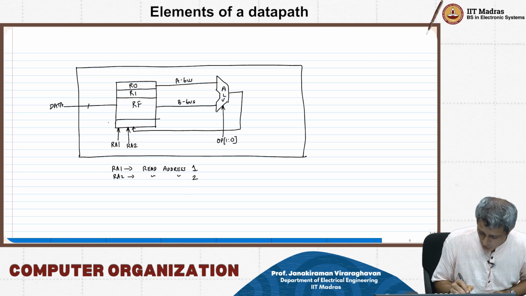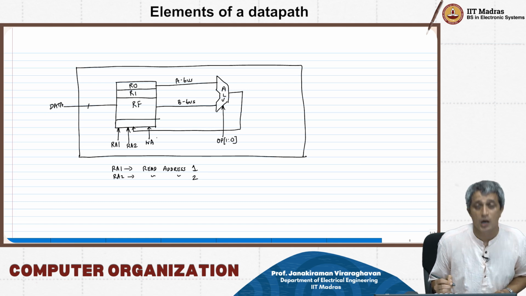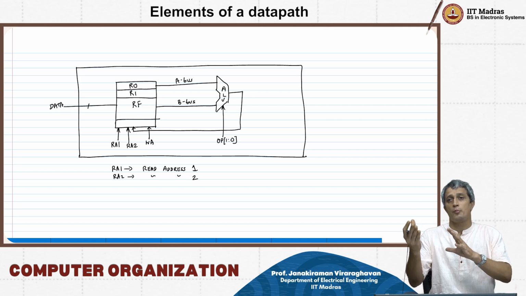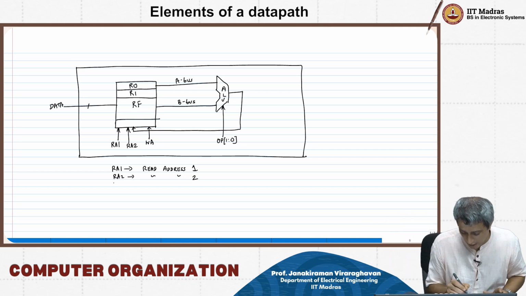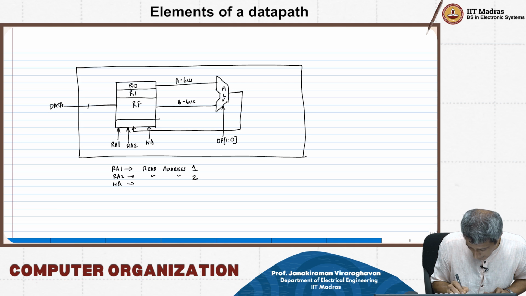Now I also need a write address because after doing some operation, I need to tell it where to write the result back, and therefore I need a write address as well.